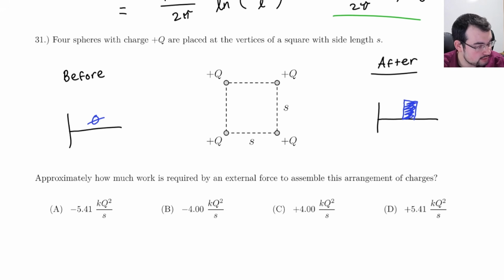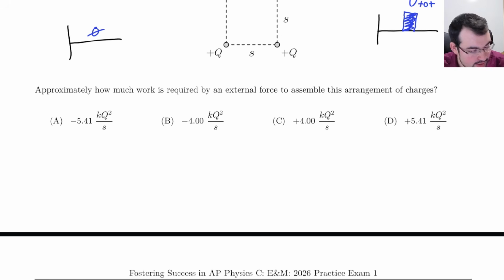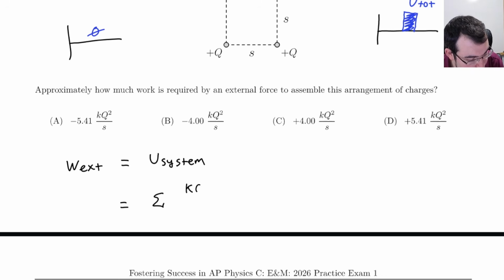Well, it would just be whatever the height of this bar is, U total. So all that to say is that the work done by an external force is equal to U of the system, which would be the sum of all pairs of KQ squared over R, because our charges are the same thing here.